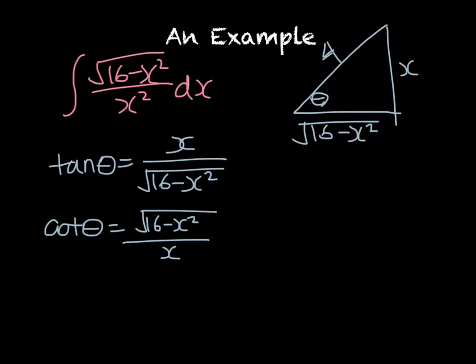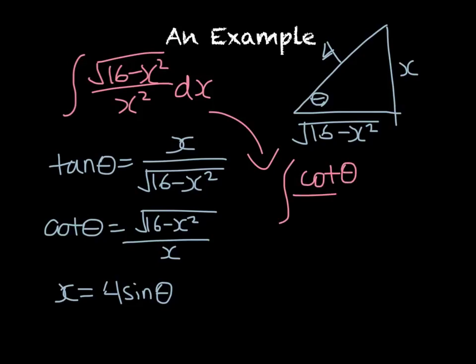So our whole entire goal here is to get this to look like what we're trying to integrate. But notice that there's an extra x in the denominator, so what we have to do is say x equals 4 sine theta, and so now we can go ahead and replace and say that our integral is equal to the integral of cotangent theta divided by 4 sine theta dx.